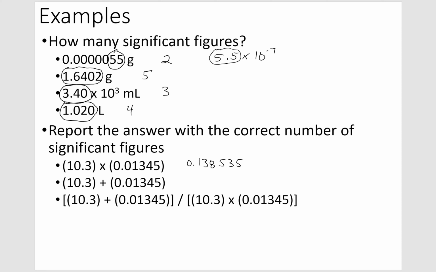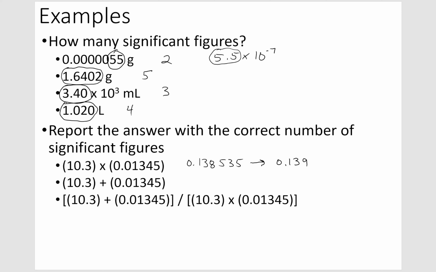However, this first one has 3 significant digits and this one has 4 significant digits, so I have to round that off to 3 significant digits. That's the best I can do, which is going to be 0.139. So I round off to that third significant digit, rounding up from that 5.